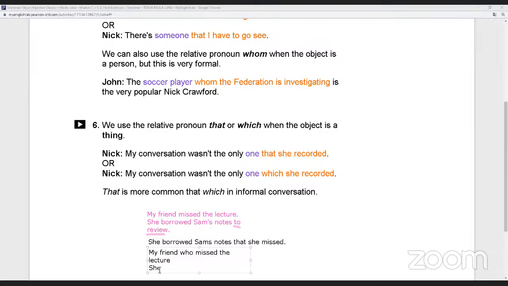Okay, I'm gonna erase this one. My friend who missed the lecture borrowed Sam's notes to review, and that's all.